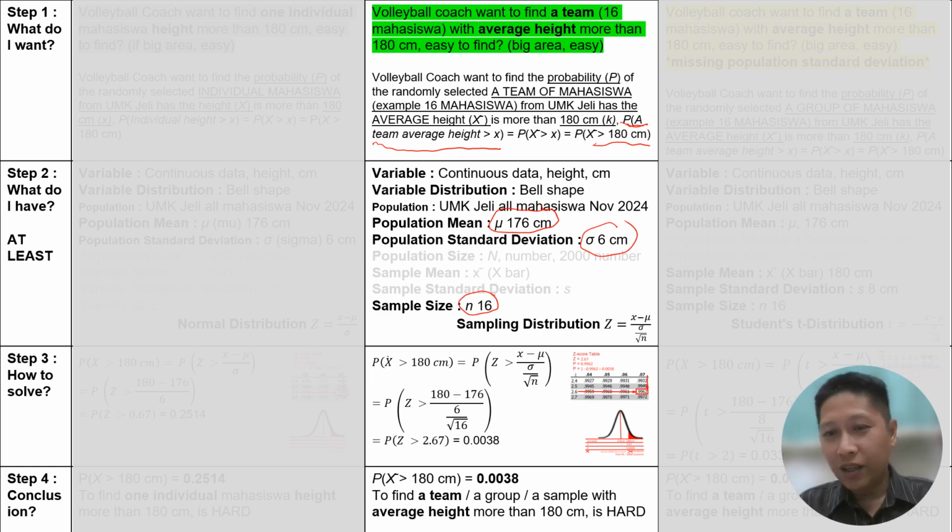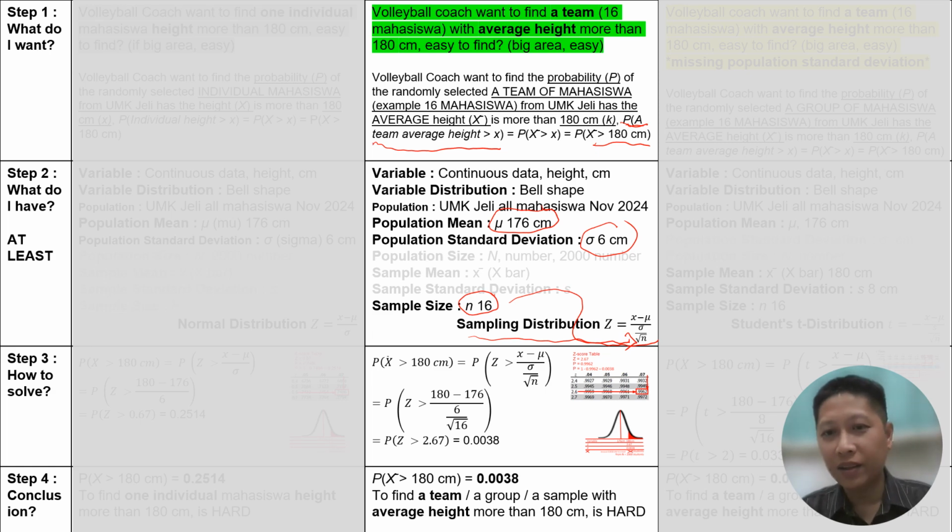When we are getting from the sample, we use the sampling distribution formula here. It's quite similar to the normal distribution formula. Now we need to include the sample size into the formula.